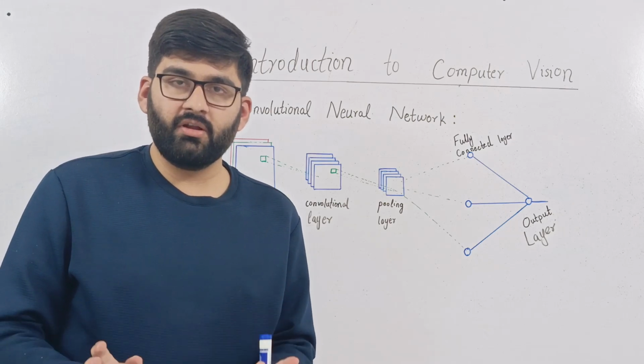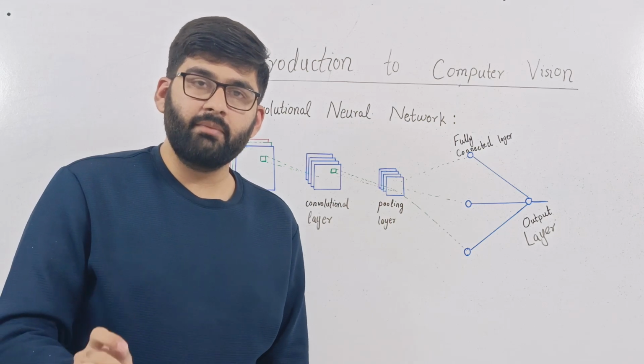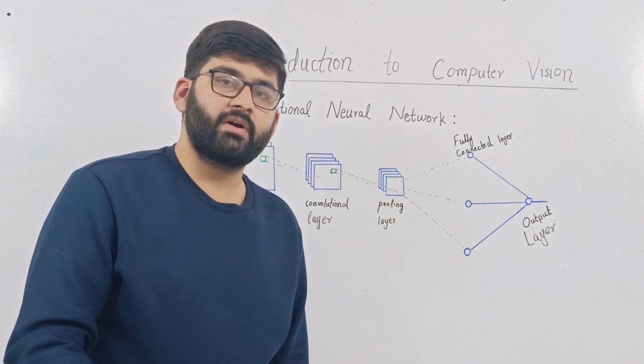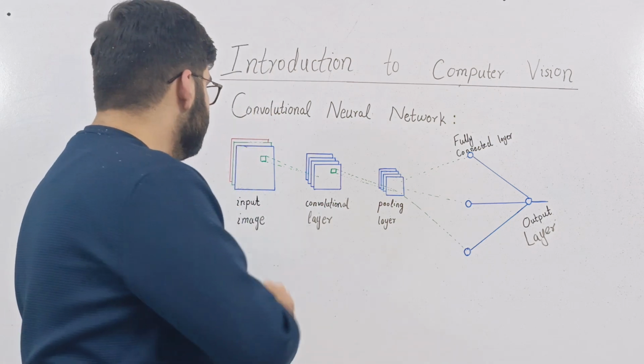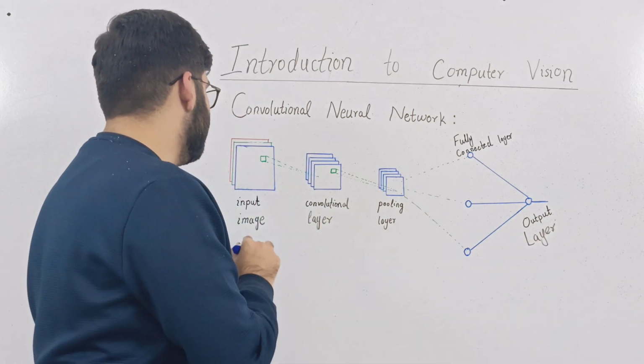The convolutional neural network is a fundamental concept in computer vision. It is a type of neural network that captures the spatial aspects of an image. This is what the structure of a convolutional neural network might typically look like.